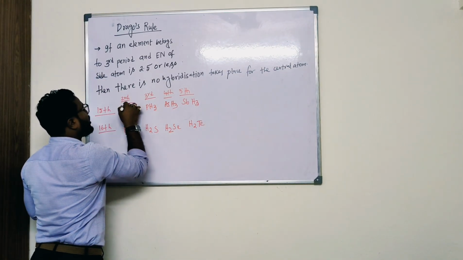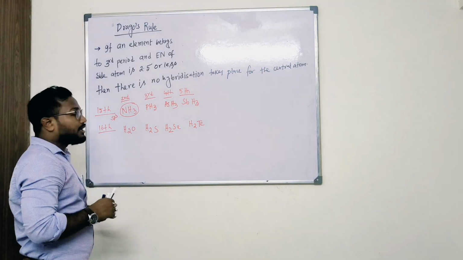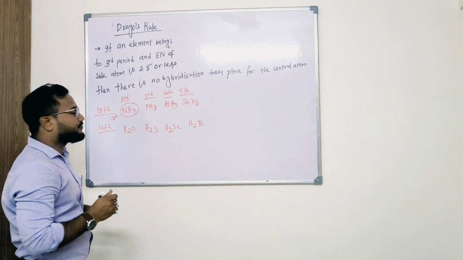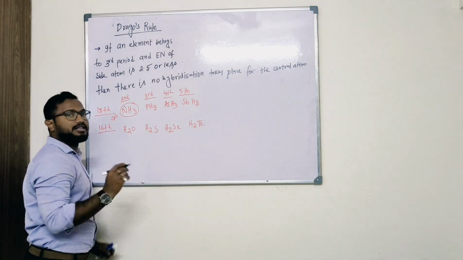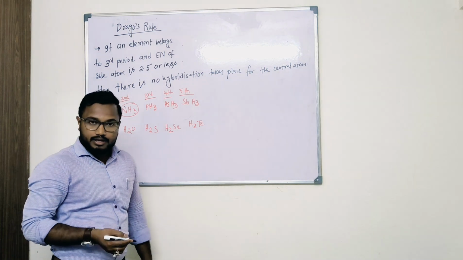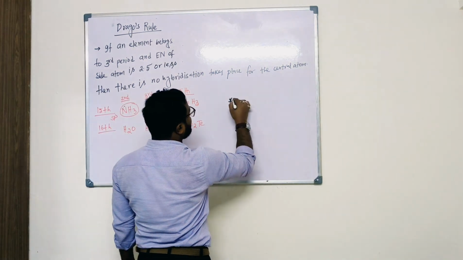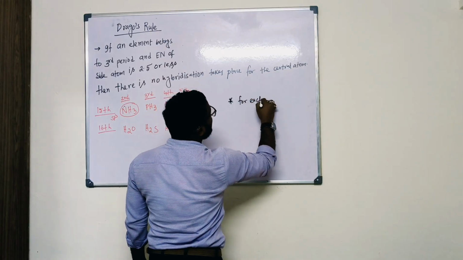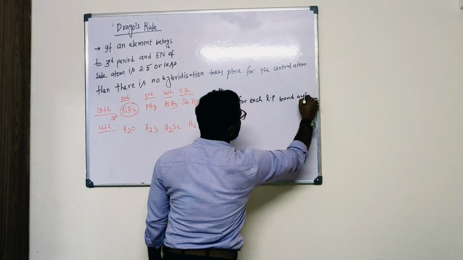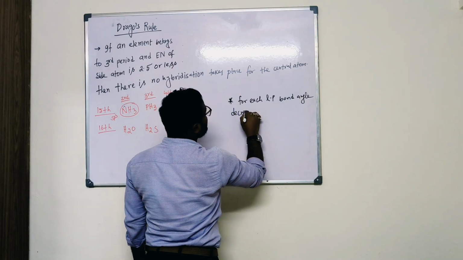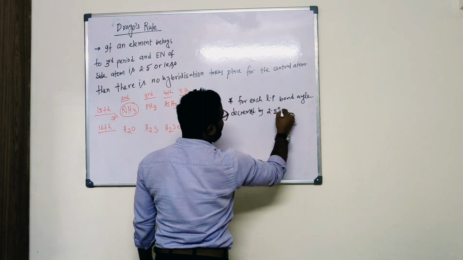You can see for NH3 hybridization is sp3. There is only one lone pair present for NH3, and its angle comes near about 107 degrees. Because for each lone pair, the bond angle decreases by 2.5 degrees.